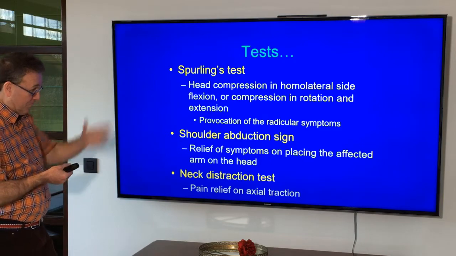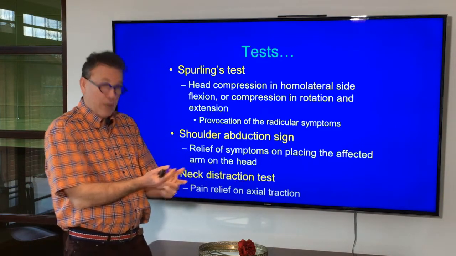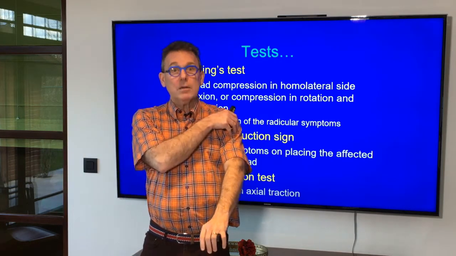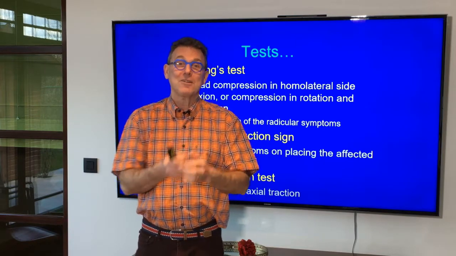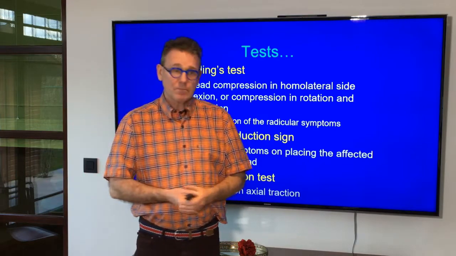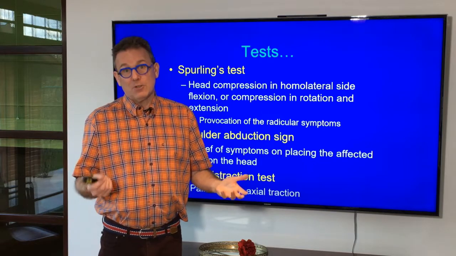Or you build in cervical traction. And under traction, the patient immediately says, ooh, my arm pain gets better. My arm pain centralizes. You release the traction, bang, arm pain again. Traction, less arm pain. Okay, that's obvious.